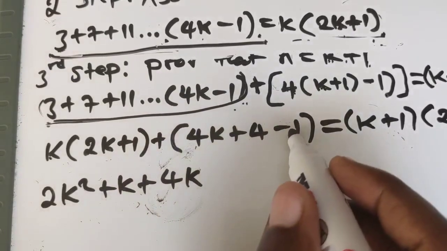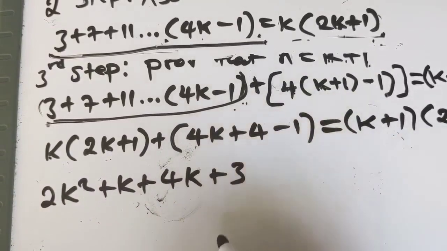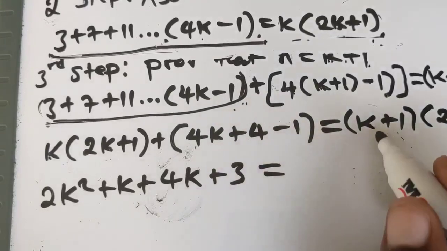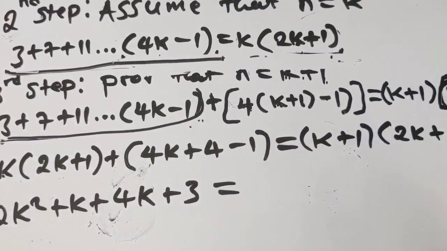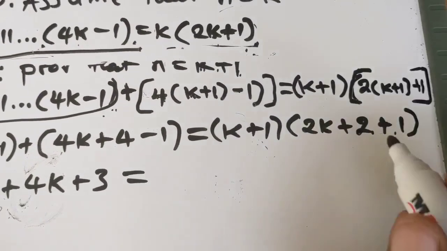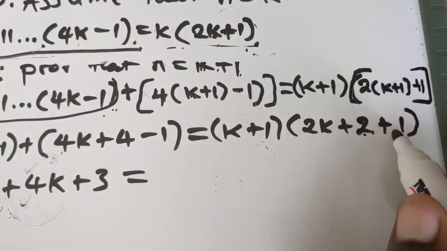Then 4 minus 1. What is 4 minus 1? 4 minus 1, you find that it is what? It is 3, like that. Okay, you find that it is 3, then there is equal sign. You can actually do this. So if you try to add 2 plus 1, so 2 plus 1, it is going to give you what? It is going to give you 3.